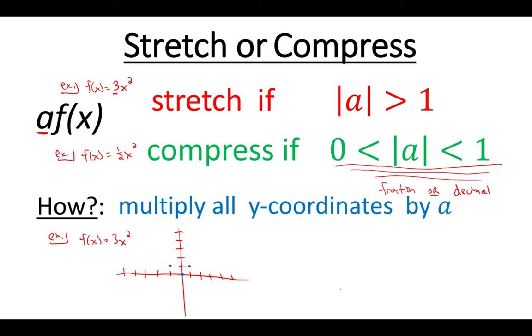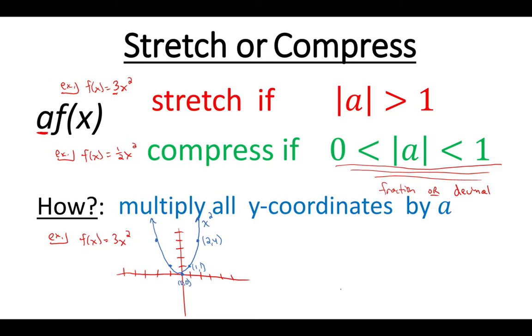So 2 would be at 4, right? Negative 2 would be at 4 as well. So this is my parent function, x squared. And we know these would have points at 0, 0. Let's just look at this one, 1, 1, and 2, 4. All right, because 0 squared is 0, 1 squared is 1.